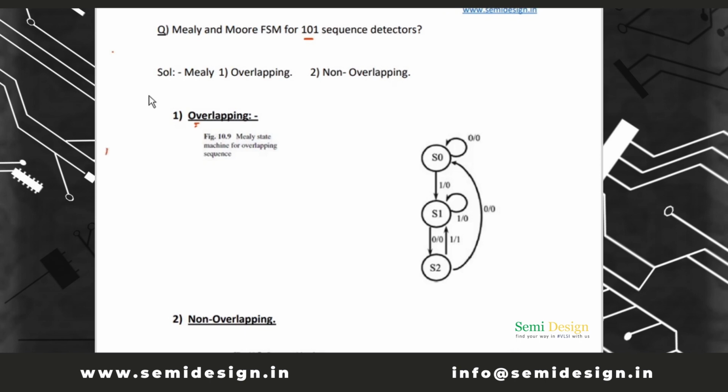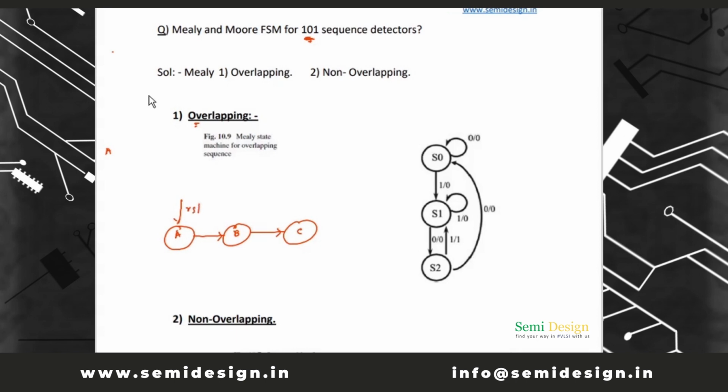As this is a 101 sequence detector, only 3 states will be needed here. Just draw 3 states. You can take any name. I am taking A, B and C. 3 states.